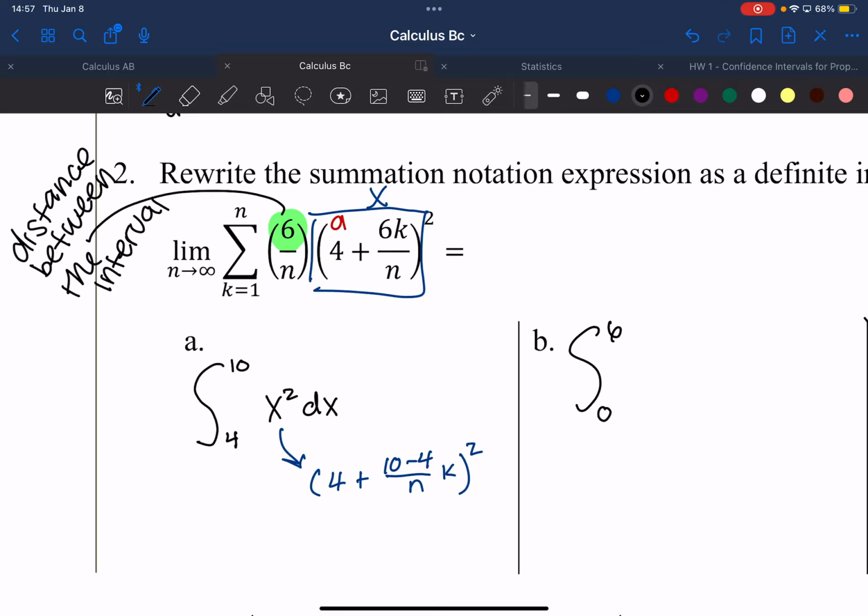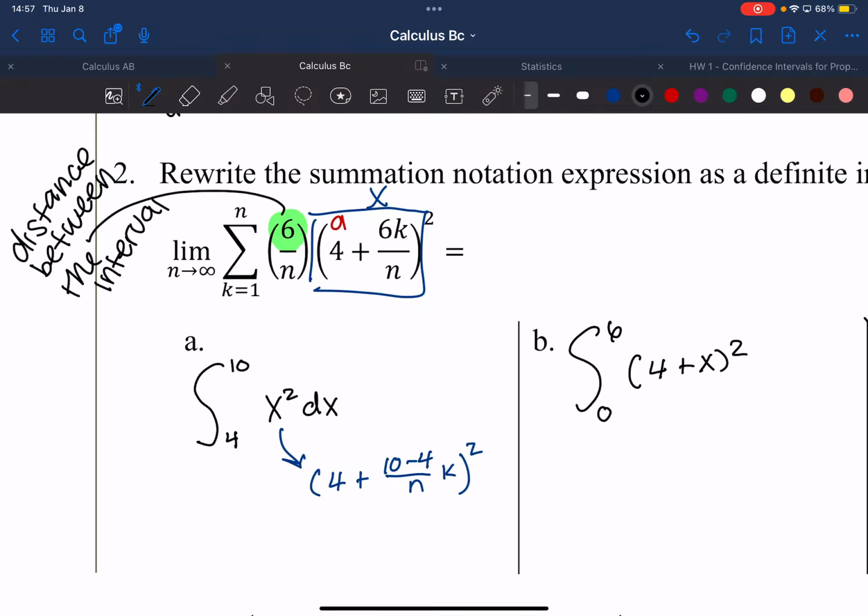I would keep it all in the parentheses just like it has up there. Yes, I'm thinking more directly. I'm just going to bring it down like this, 4 plus x squared. But yes, you could simplify that to x squared plus 16. But just so you can see where it's coming from, it's coming directly from this, which means if 4 is part of that function, the only part that's representing an x is the 6k over n.